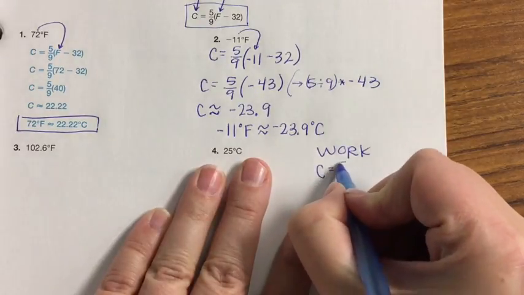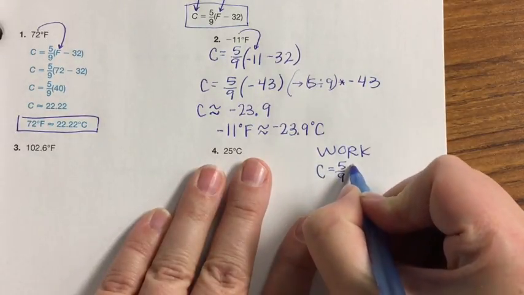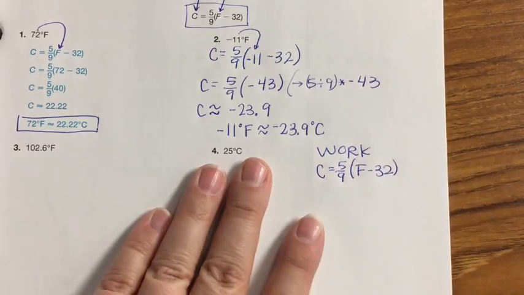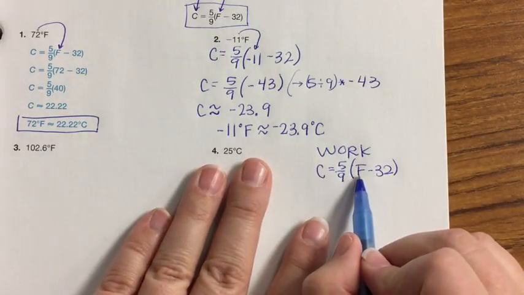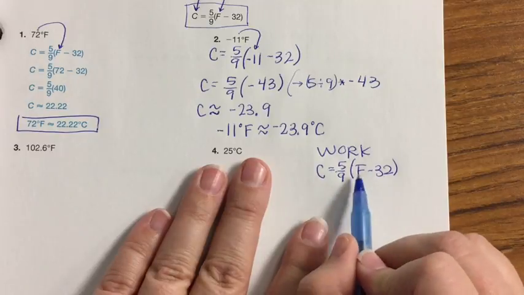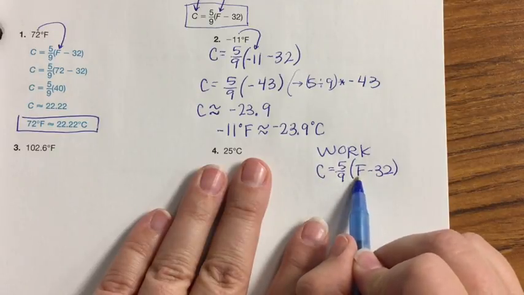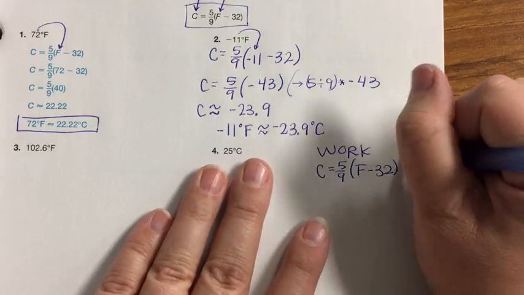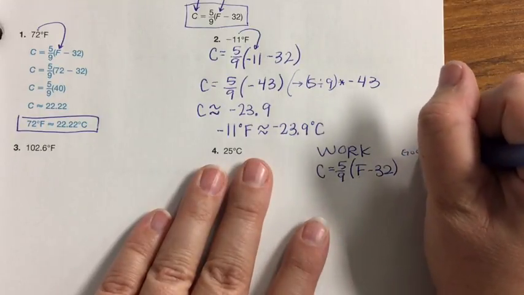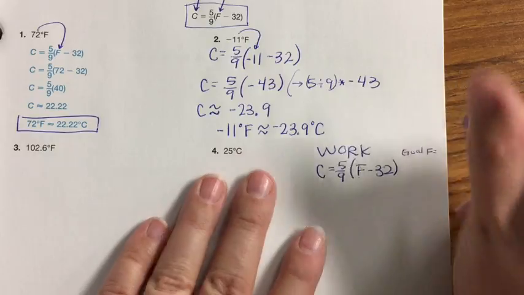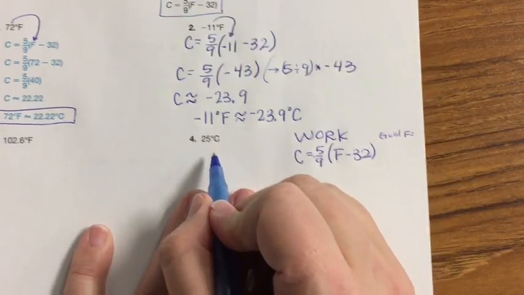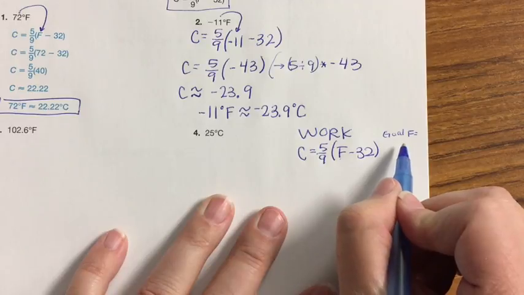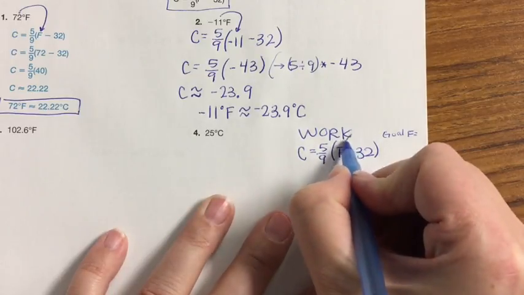C is equal to 5/9 times F minus 32. And we're going to solve for F first, which is weird because we don't have any extra numbers in here. We're not plugging anything in yet. My whole goal is to get what F equals, because they already know what the Celsius is, so I want to get what the degrees Fahrenheit is. So we want to solve for this.